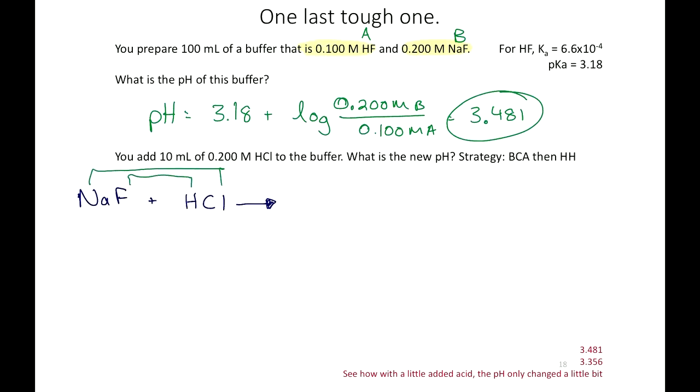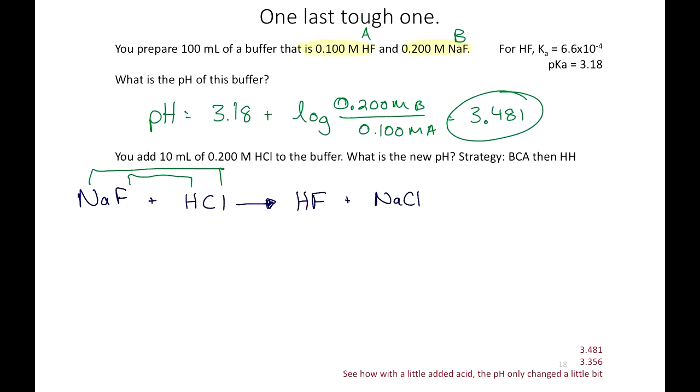One of our products is HF, and then what is the other product? NaCl, perfect. So that's the reaction that's happening. I'm taking the base, I'm adding an acid, and look, when I neutralize this, this is how I get my conjugate acid. Now I need to put in the numbers.